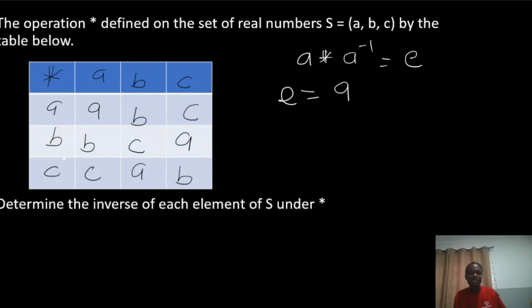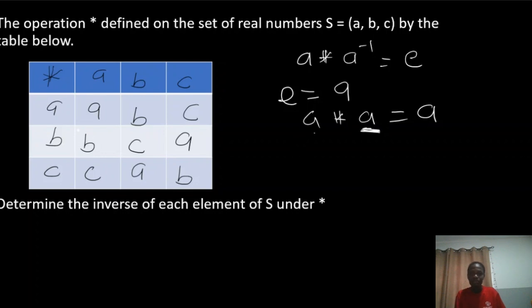What star c is going to give us the identity element a? That will give us the inverse of c. So from here we can see that a star a is a, where a is our identity element. So the inverse of a is a.